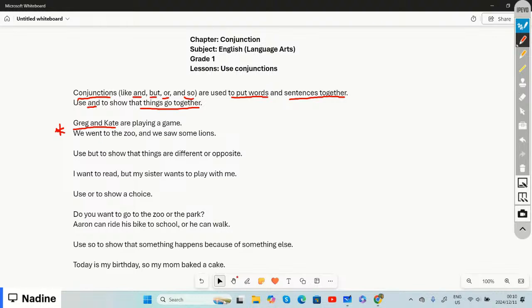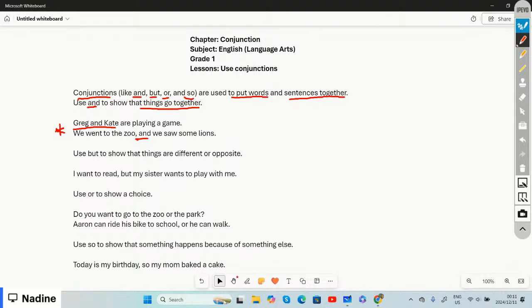We went to the zoo and we saw some lions. So there we have the word and, and that word is used to join those two sentences.